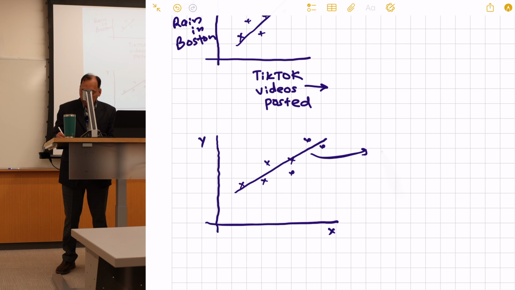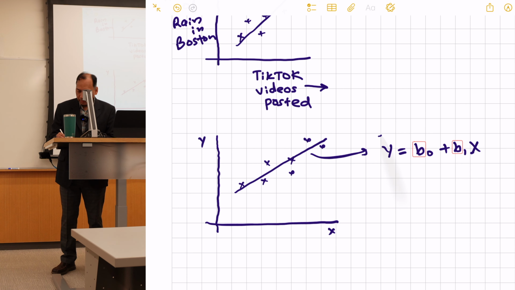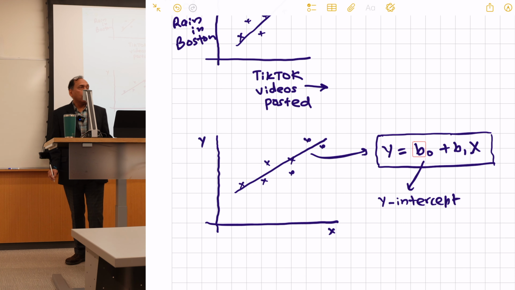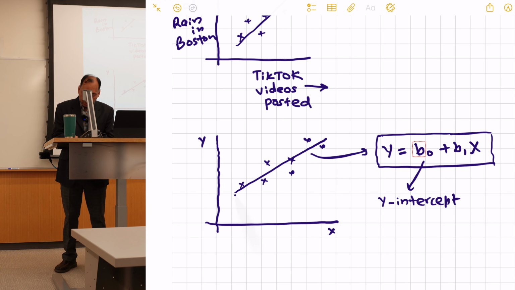The equation of this straight line, which you have seen, is given by y equals b0 plus b1x, where b0 is called the y-intercept. It is called the y-intercept because if you extend this line, it will intercept the y-axis at this point. So this height is b0.